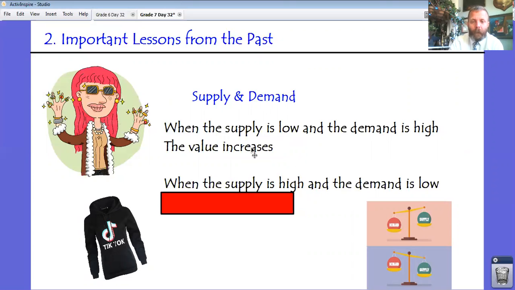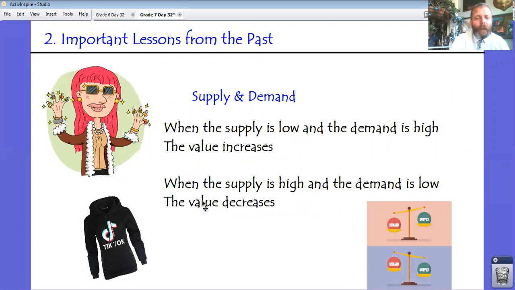Value goes up. The exact opposite happens when the supply is high and the demand is low. If a store has tons of Halloween decorations in November, the demand is going to be pretty low because people don't want Halloween decorations. Halloween's over. So the demand goes down. Their supply is higher than the demand. So what do they do? They say, 50% off Halloween decorations, or whatever holiday happens to have passed.